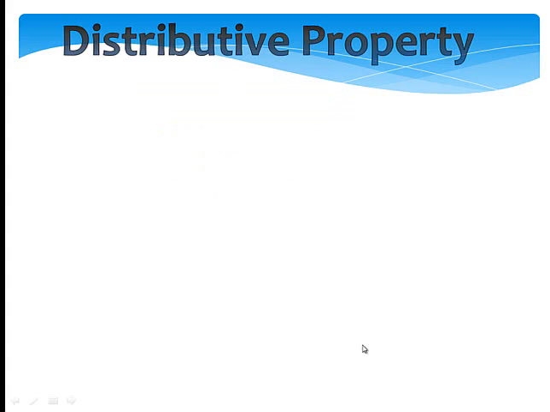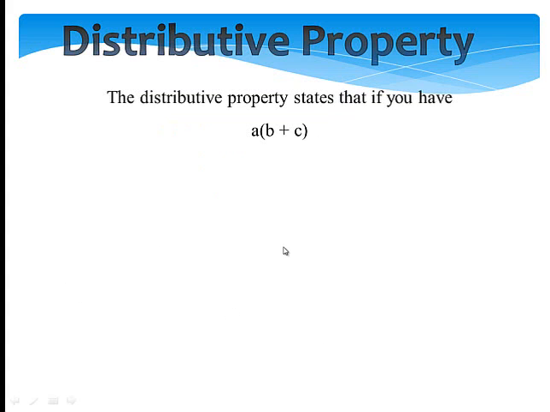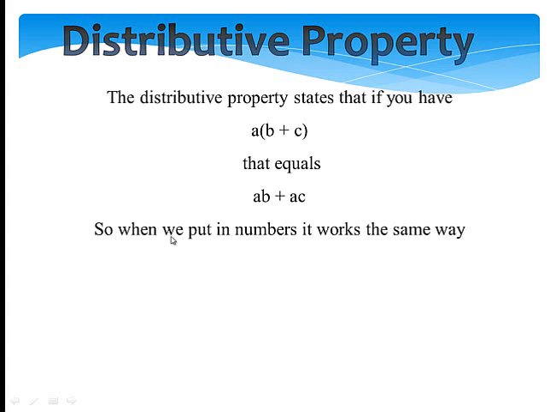Okay, the distributive property. The distributive property says that when you multiply something on the outside of a parentheses, it's the same thing as multiplying it on both of the insides of the parentheses. So this would represent A times B plus A times C. Since when we put numbers in there, it'd work the same.